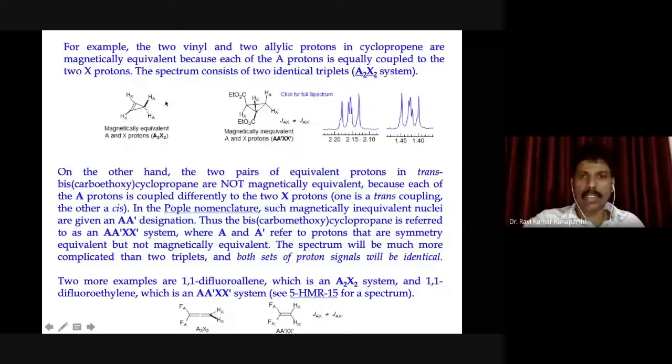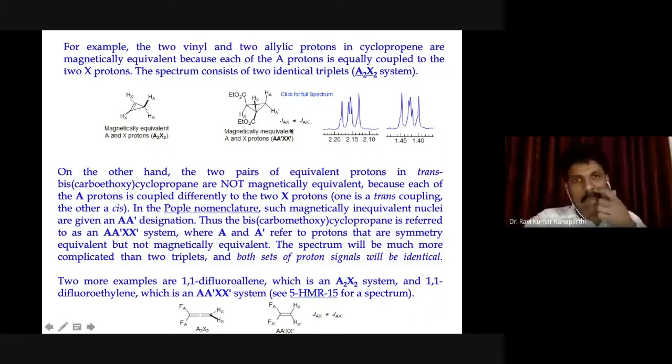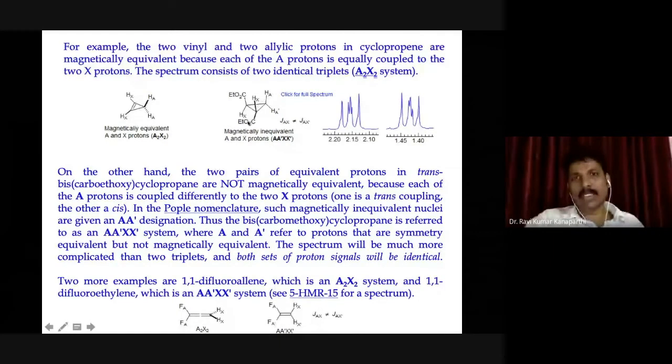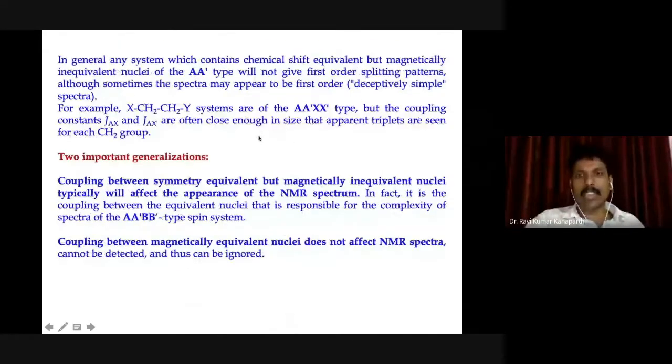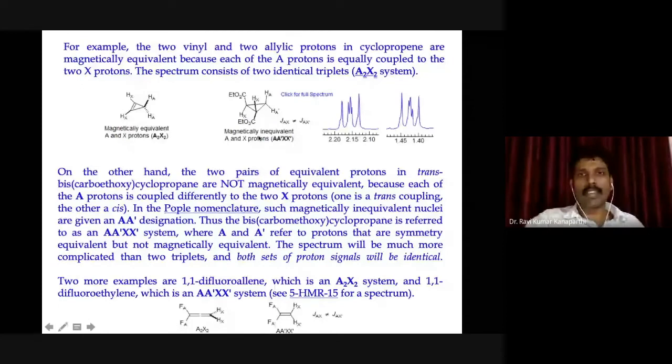But in this case, for example, this type of molecule is again a cyclopropane ring, but substituted with some other substituents. If you try to calculate the JAX, it is not equivalent to the JAX dash. That means these two couplings are not the same as the JAX dash coupling, that is this one, and X dash is not shown here but is obviously this one.